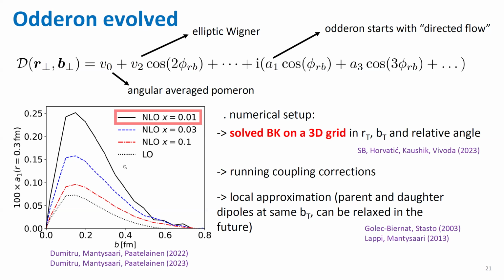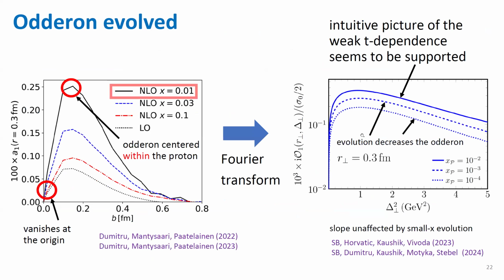So this we use as an initial condition, and then we take this Odderon evolution equation and solve it on a 3D grid that will be in the dipole size, in the impact parameter, and in their relative angle. And now I'm showing the effect of the evolution, but first I will move from B to the momentum transfer. So I make a Fourier transform, and then you are looking at this full blue curve.